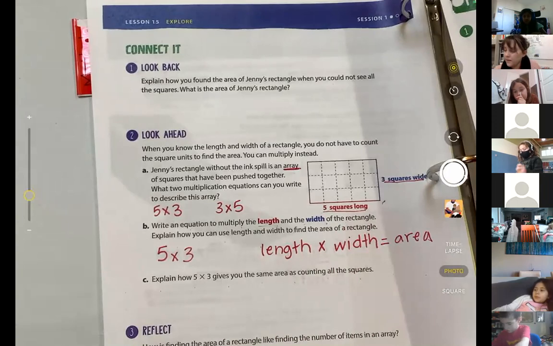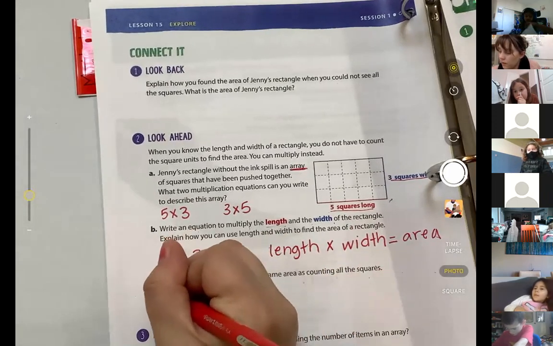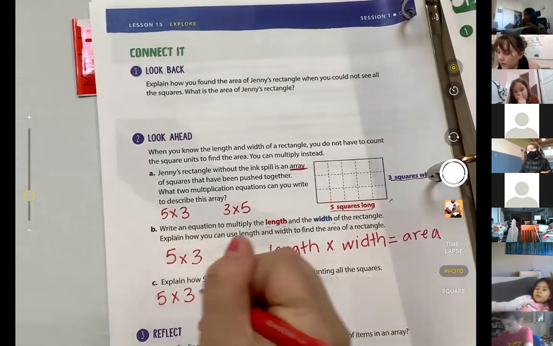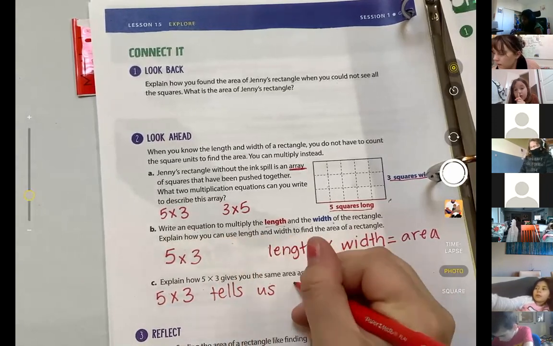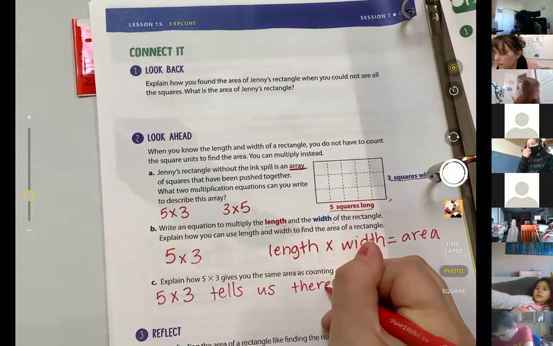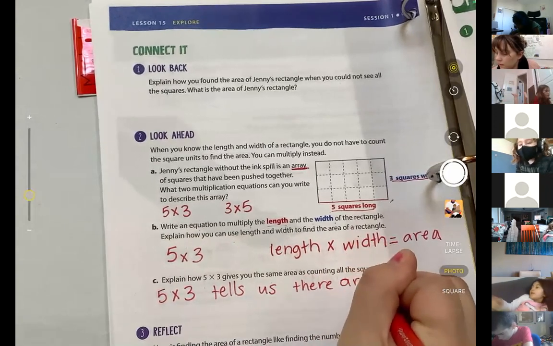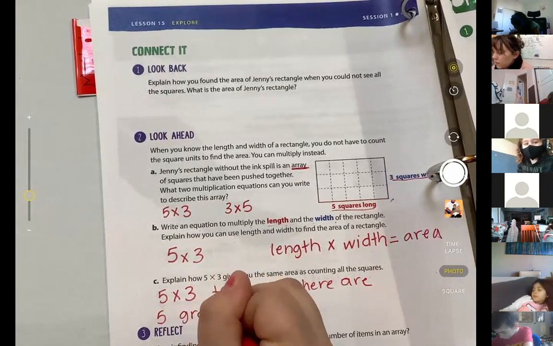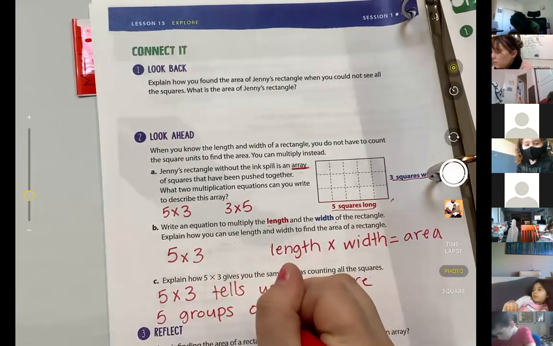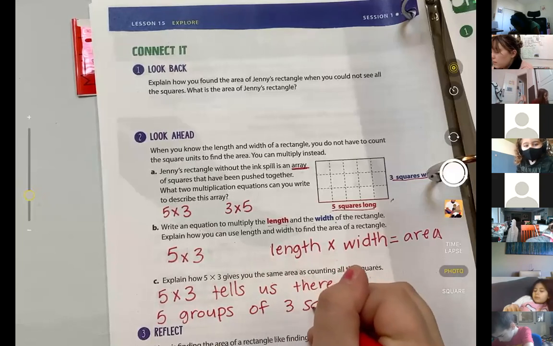We could say 5 times 3 tells us there are 5 groups of 3 squares, right?